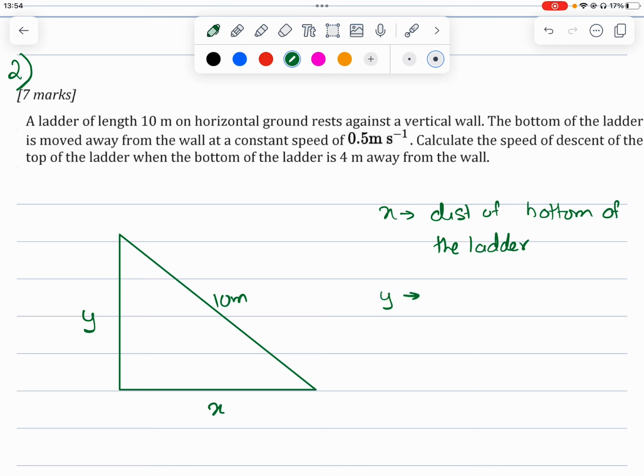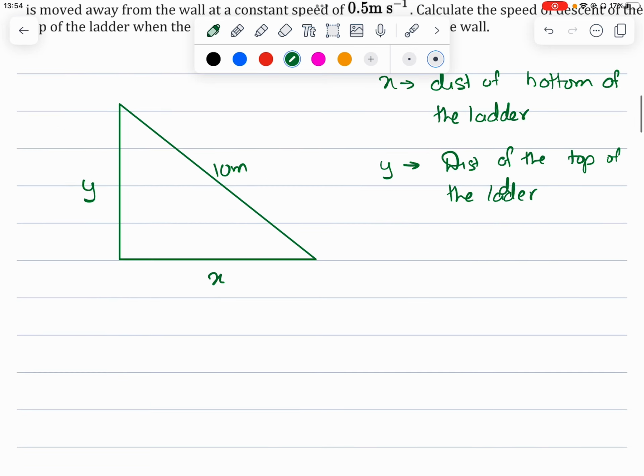Y denotes the distance of the top of the ladder. Now again, every time remember the variables should be considered. The variables over here are the distance from the bottom and the distance of the top. So again Pythagoras theorem, x square plus y square equals 10 square.